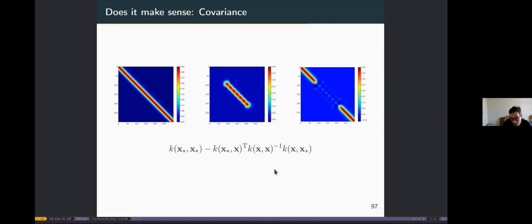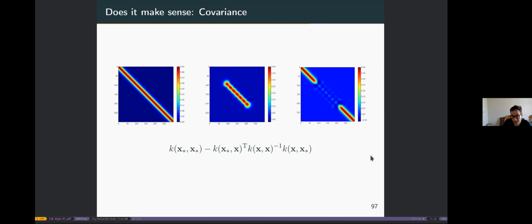This second term looks like this. And then when I subtract this from this, I get the posterior of the predictive distribution, which basically just says, far away from where I've seen data, you go back to the prior. When you get very close to the data, you don't have any covariance at all. These values are all very, very small.